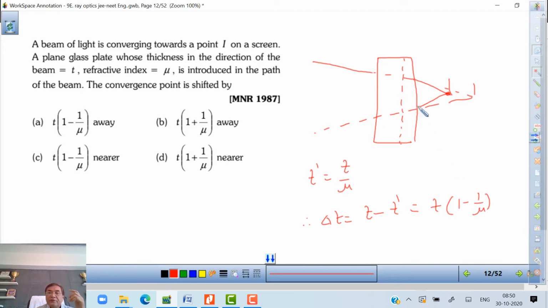So this much will shift. Because of this shifting, this point will shift over this glass plate near થશે એટલે. So convergence point is shifted by T(1 minus 1 upon mu) and near આવશે. So I think option C is the correct one.